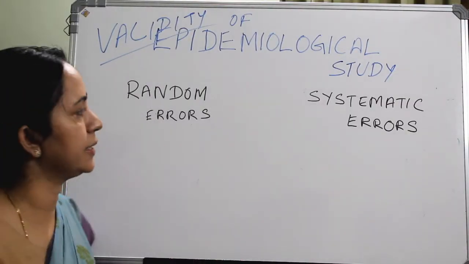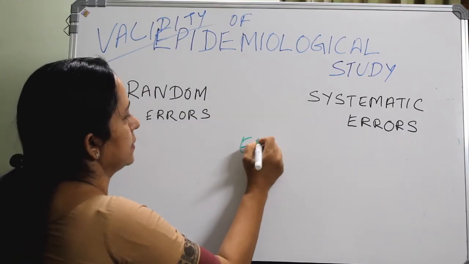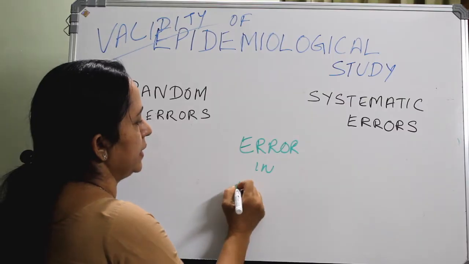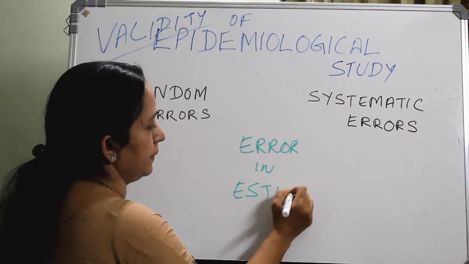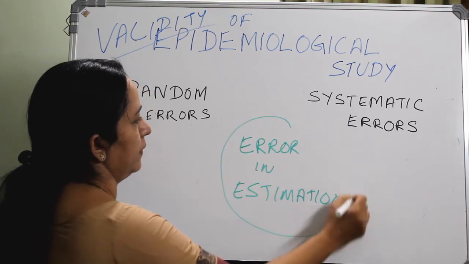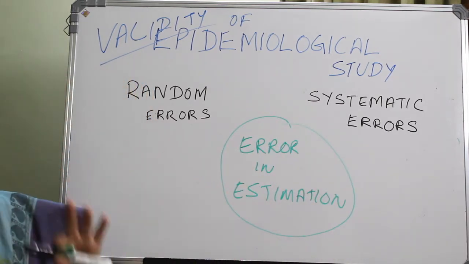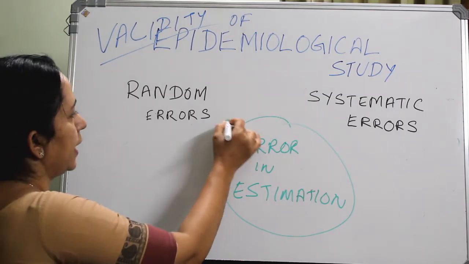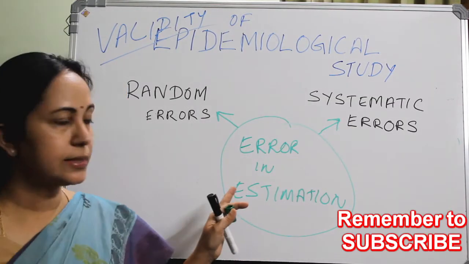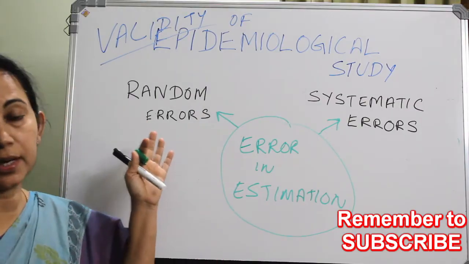So, errors in estimation in any study. This can happen due to two types of errors: one is random error and the other is systematic error. Random errors are due to chance.